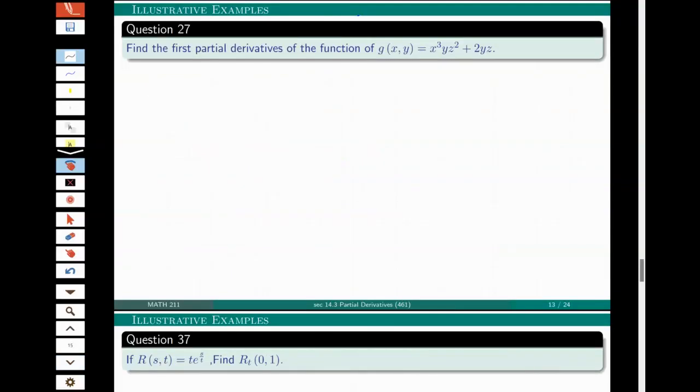Now, again, he wants the first partial derivative. So he gave me g of x, y, z is equal to x cubed y z squared plus 2yz. So it's a function of x, y, z.